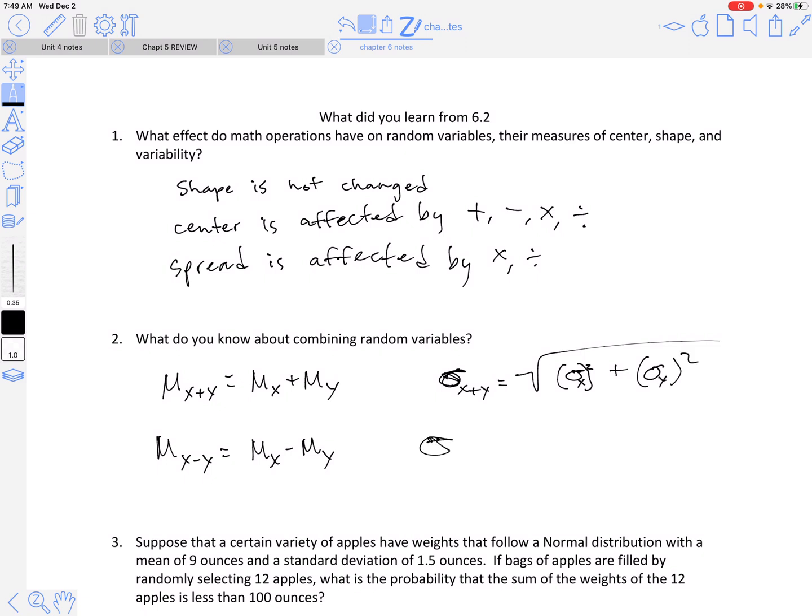And what if you're asked to subtract? Well, do not ever add or subtract standard deviation, but even though we're subtracting, the spread does not go away.